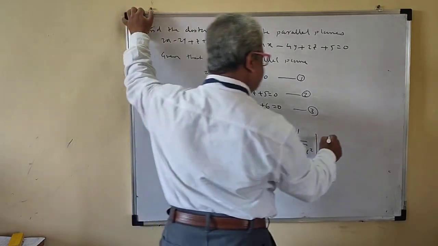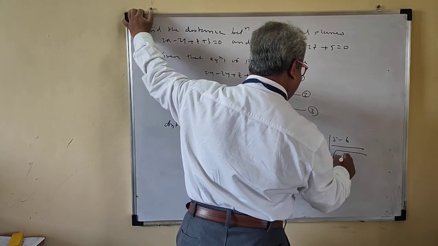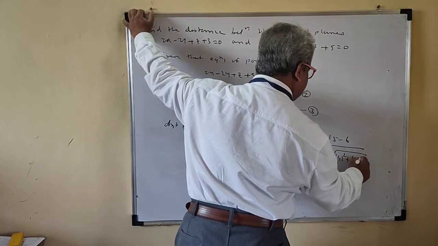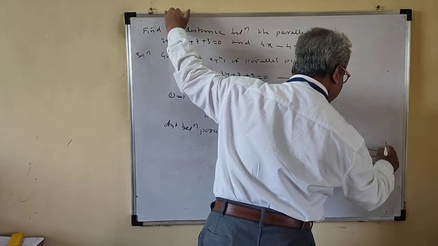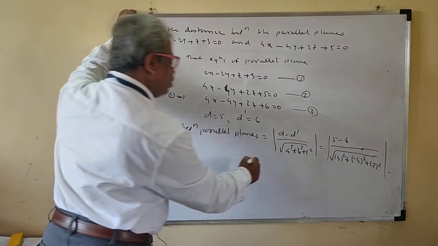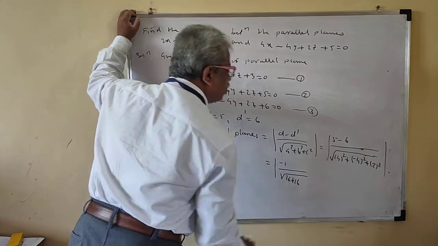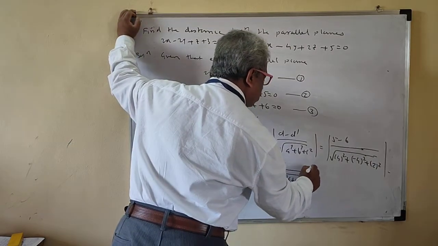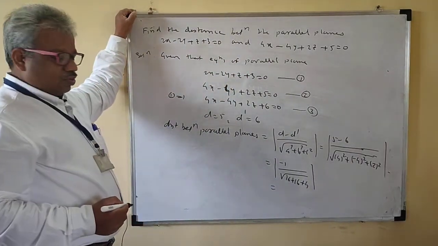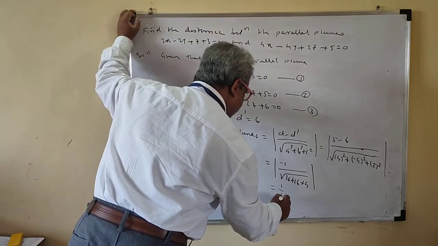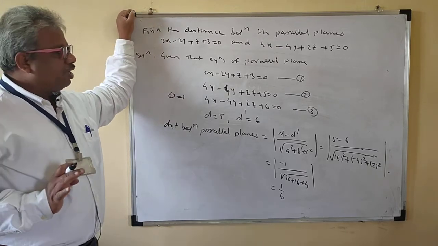So your d is 5 minus 6, which is minus 1, upon root of 4 squared plus 4 squared plus 2 squared, which is root of 16 plus 16 plus 4. 32 plus 4 is 36, that is 6. So 1 by 6 is the required answer.